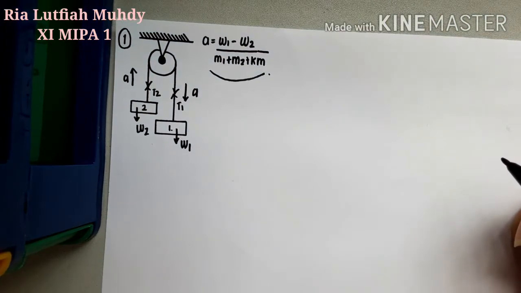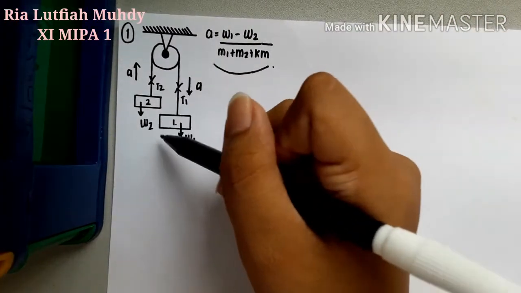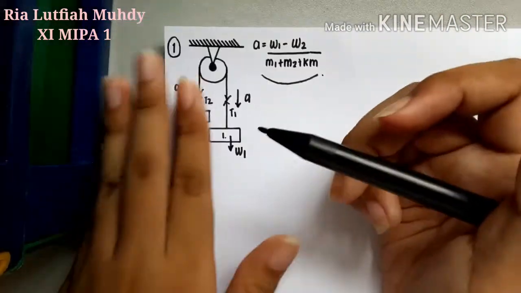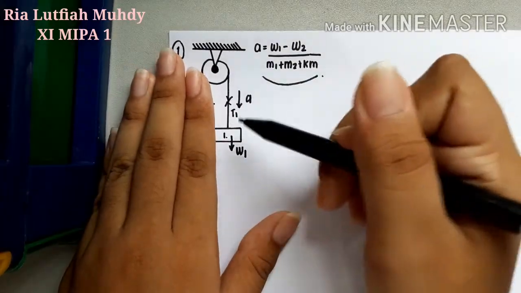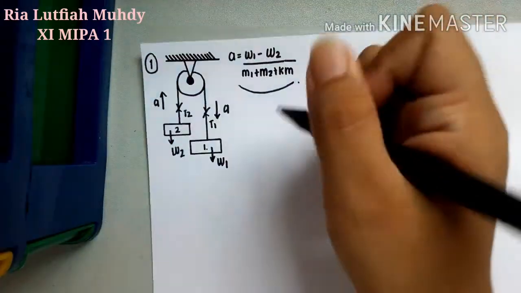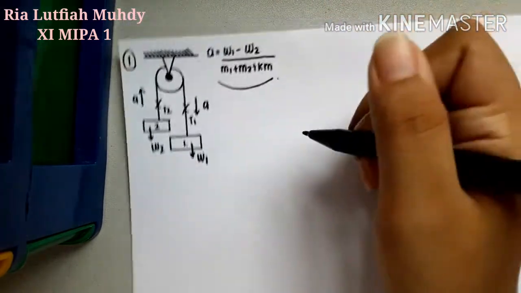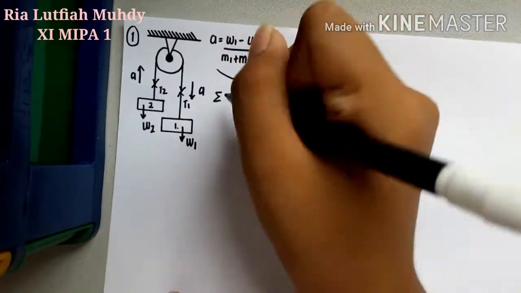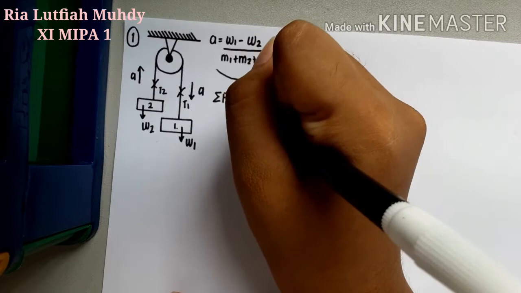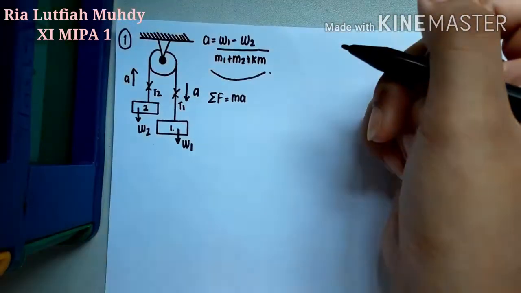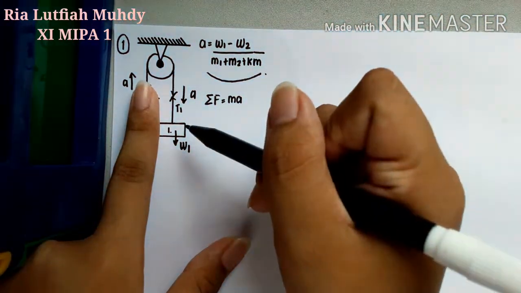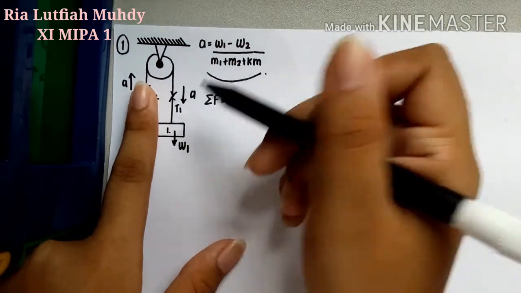Next step is you look at beam 1, just beam 1 without looking at beam 2. As we know, there is Newton's second law, which is sigma F equals m times acceleration, where in beam 1 the forces are weight and tension.